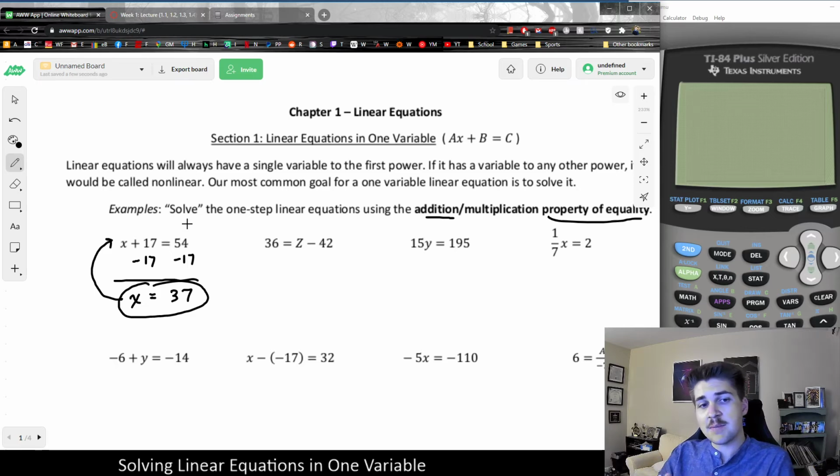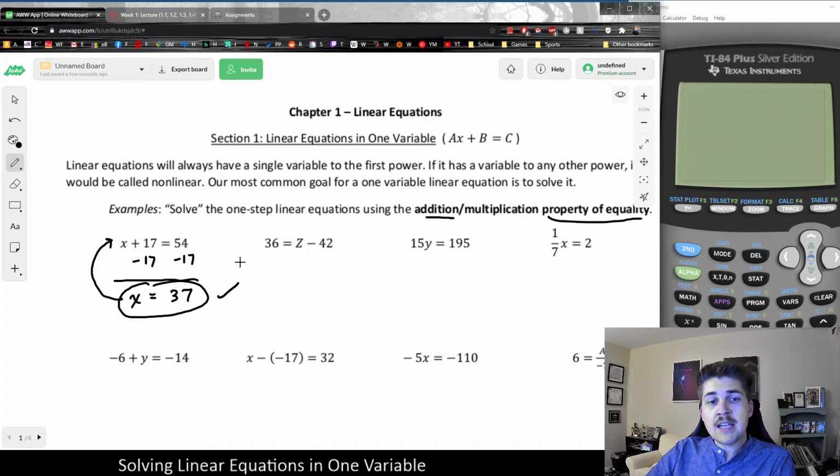Really this is a check to make sure that when I was doing algebra, when I was doing stuff to both sides, whatever it was I was doing, did I mess it up or not? In this case, if I substitute 37 back in for x, 37 plus 17 is indeed 54. So I could verify, check that out. How I'm going to refer to that is check my answer, verify my solution, something like that.